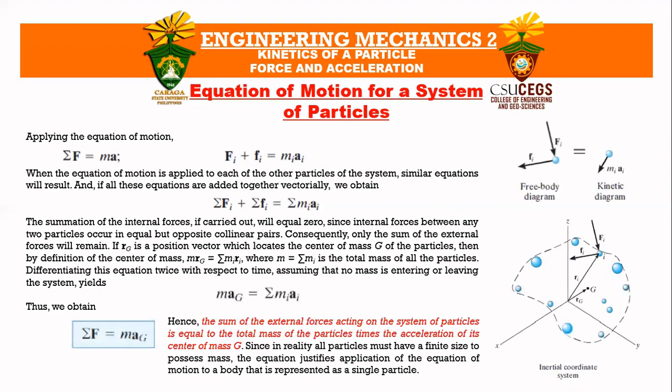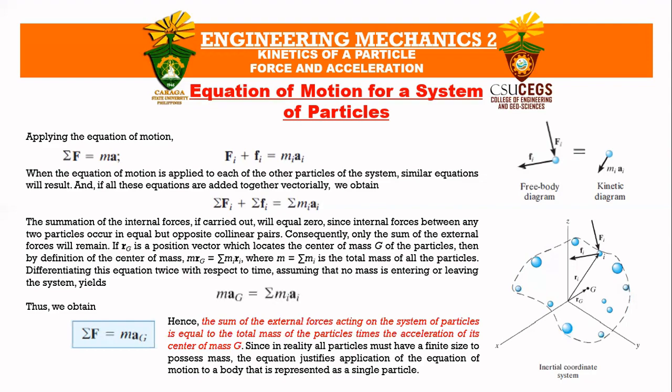So we have here the simplified equation. It is actually the same as the equation of motion discussed earlier, but the difference here is the acceleration, which has the subscript g.